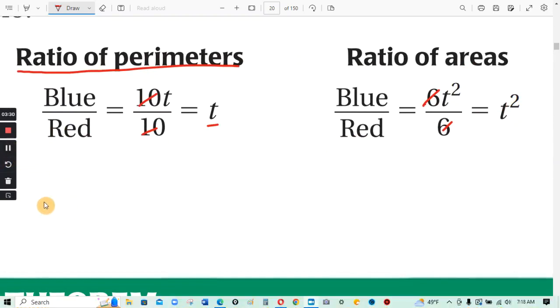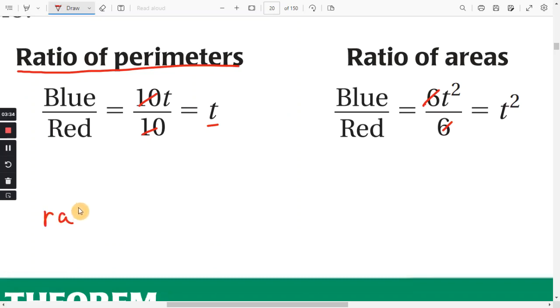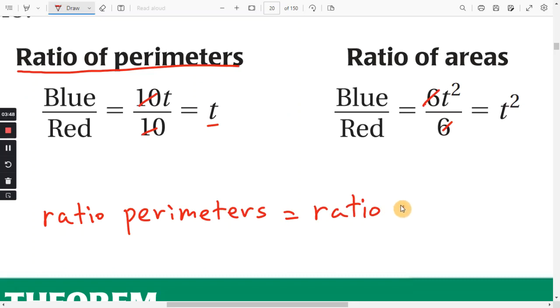So in Chapter 6, we established ratio of perimeters equals ratio of sides. Okay, but as you can see here, the ratio of the areas is the same as the ratio of perimeters, but it's squared.